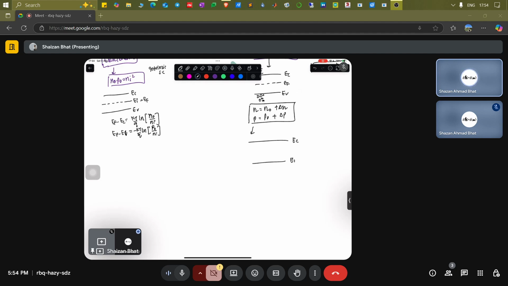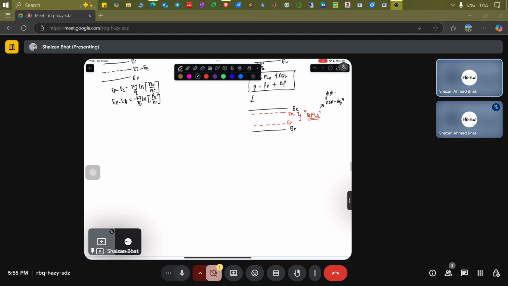You have a conduction band and a valence band. The Fermi level now splits. Now you have a separate Fermi level for the electrons, which is Fn, and a separate Fermi level for the holes, which is Fp. These are called quasi-Fermi levels. Whenever you have quasi-Fermi levels in a system, it represents a highly non-equilibrium system. So you have a huge concentration of electrons here and a huge concentration of holes here.